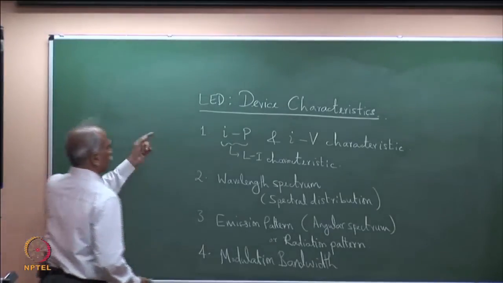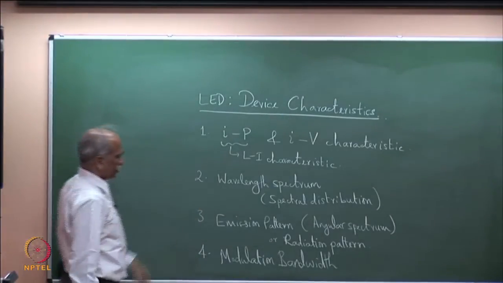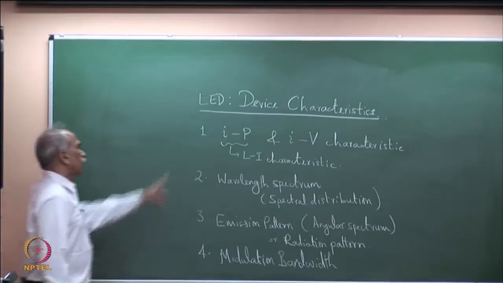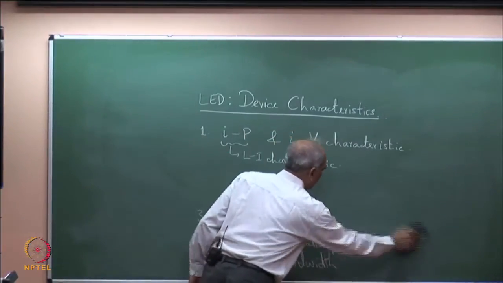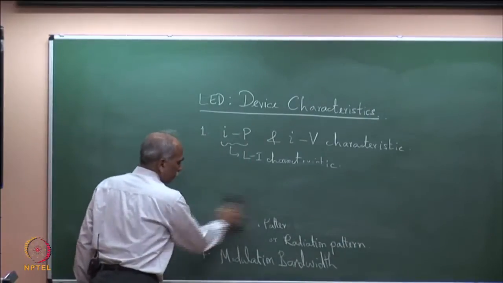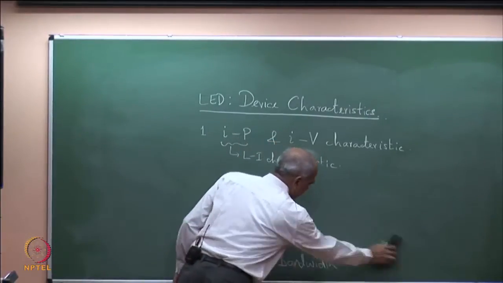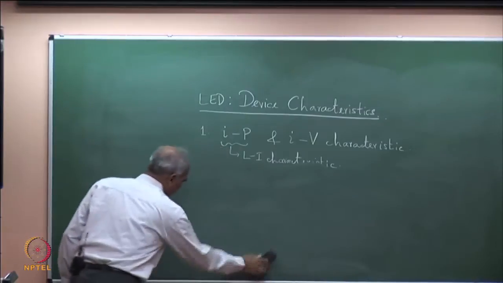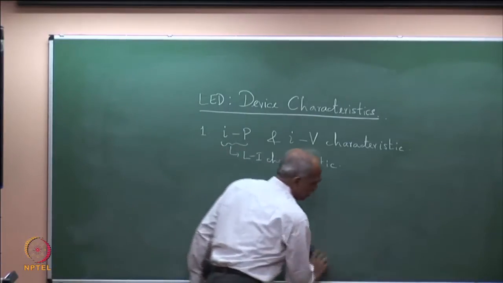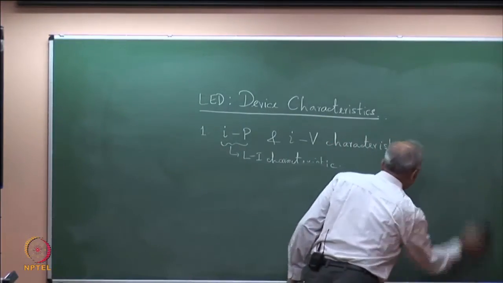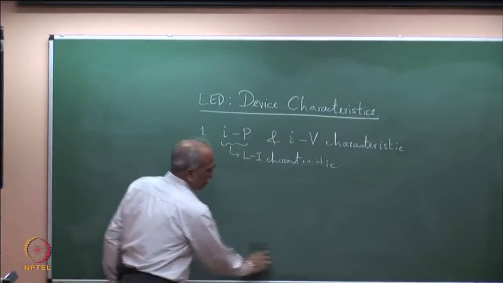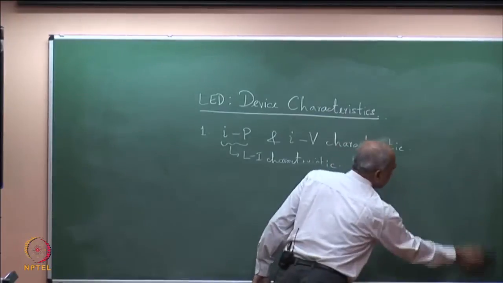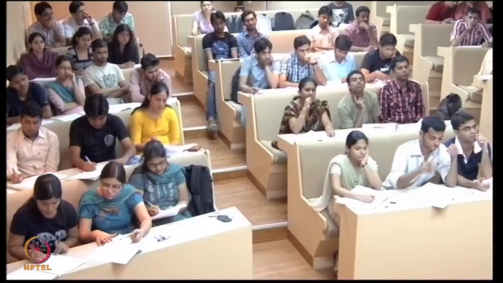Let me take up the first one, IP. We will discuss the first one and then come to all the four characteristics one by one. Now, this is completely from the user point of view. We have seen the physics of the device, the design and the structure of the device.